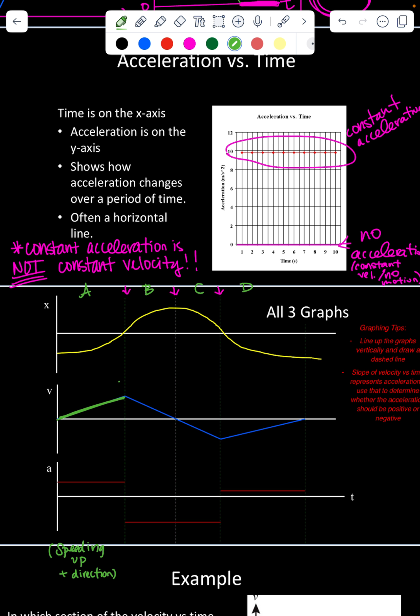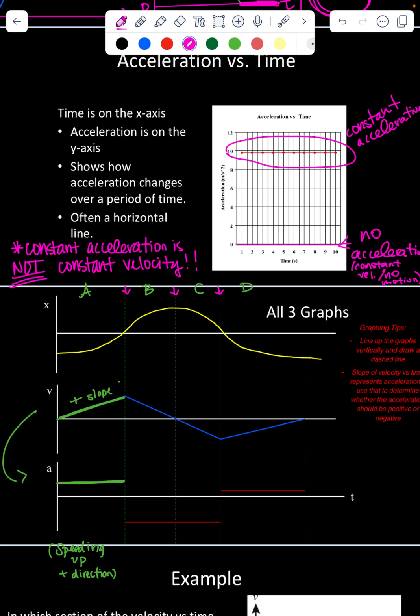We know that the slope of a velocity versus time graph gives us acceleration. This is a positive slope, so we have a positive acceleration. We have a constant positive acceleration, which means my object is speeding up at a constant rate.